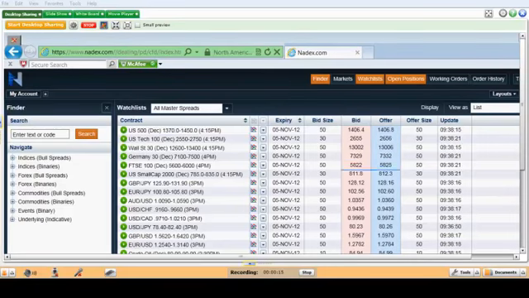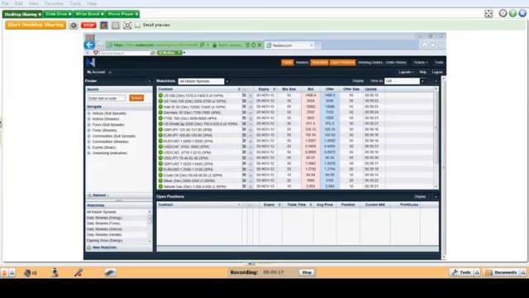Okay, can you guys see the screen there? Just type in a yes if you can see it. Okay, all right, good deal.